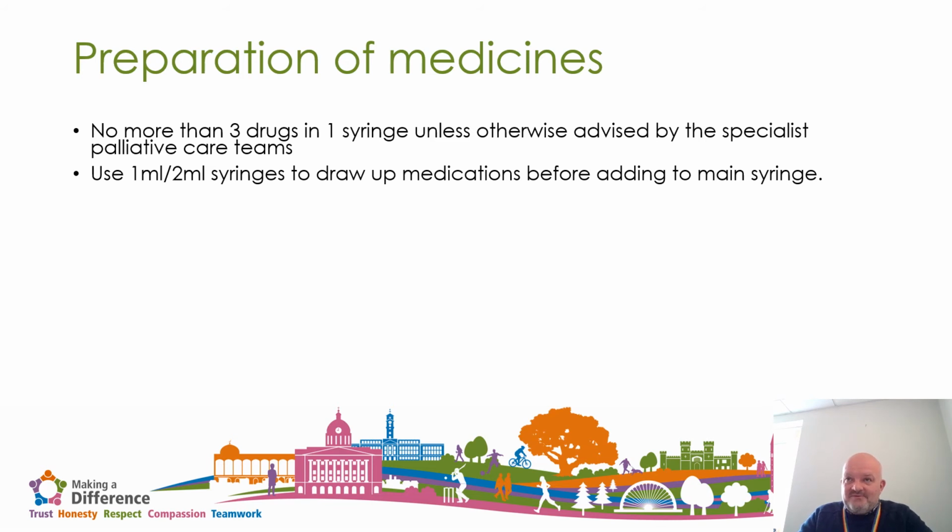We do that for each drug, and the reason we do this is because we are using it as a double checking method. Once we've drawn up each of our drugs, ensuring we've got the right drug, the right dose and the right volume, we then double check again, making sure we've got the right drug, the right dose and the right volume before we then put it into the main syringe that's going onto the syringe driver.